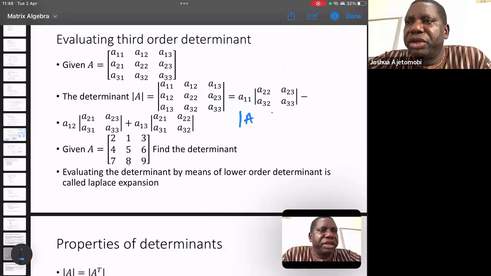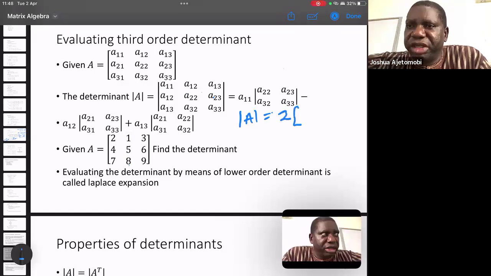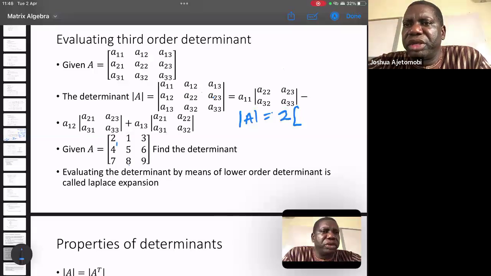So the determinant of A will be, don't forget, this is plus, so that would be 2 into, if you remove the row and the column, here you have 5, 6, 8, 9. Since this is plus, I told you this will be minus.